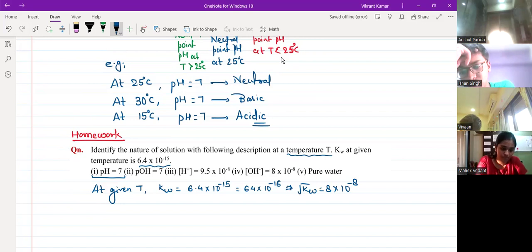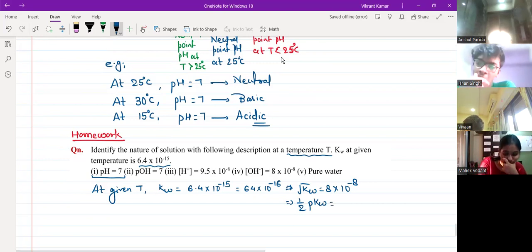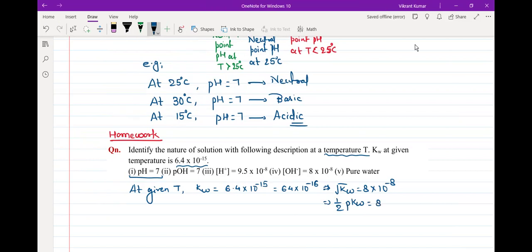Or if they are asking you half pKw, then half pKw will become 8 minus log 8. If I'm taking log 2 as 0.3, then it will be 8 minus 3 times 0.3.